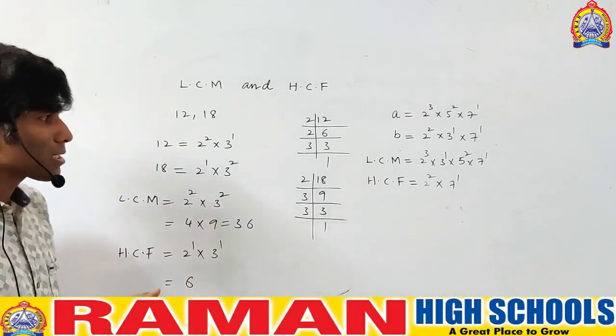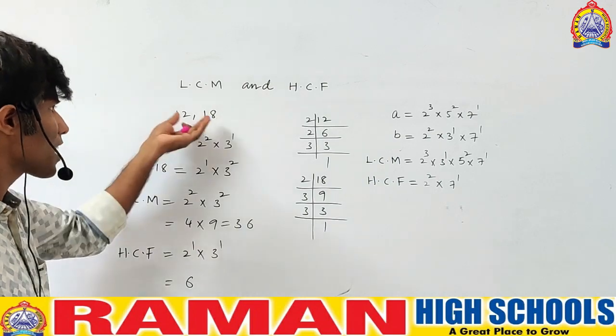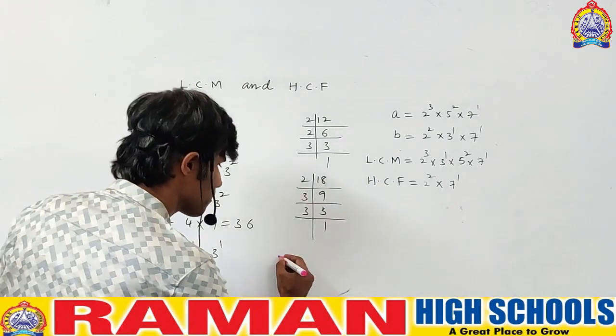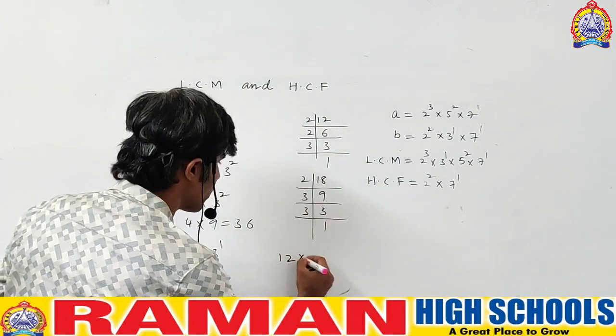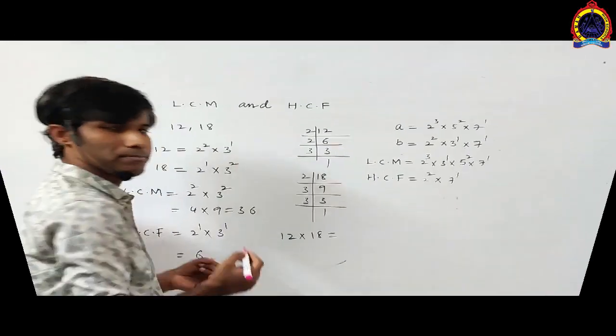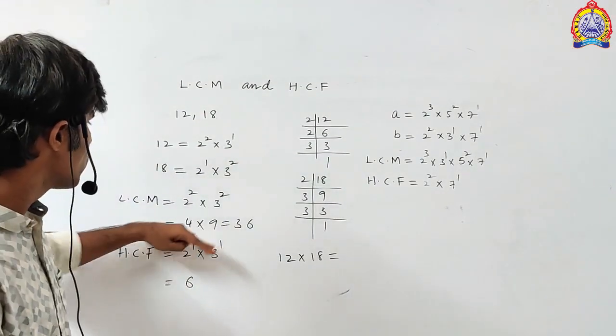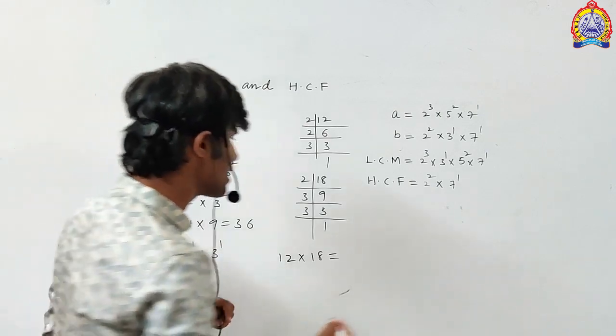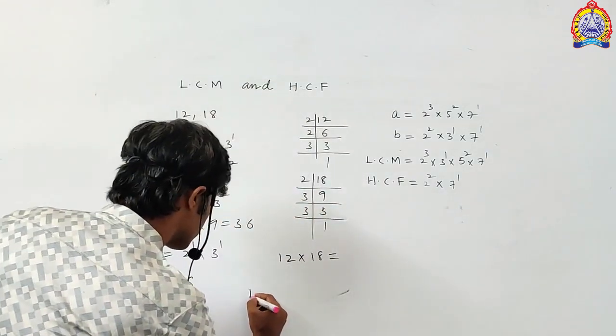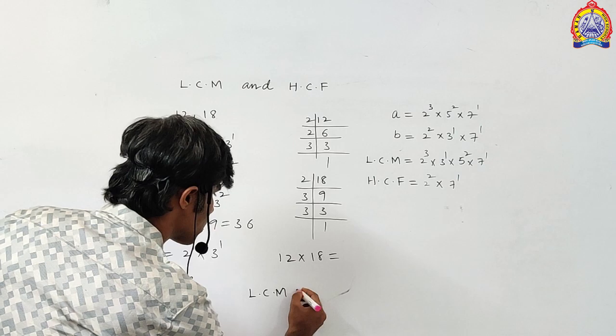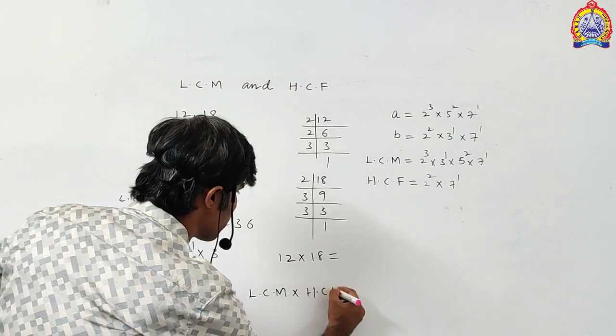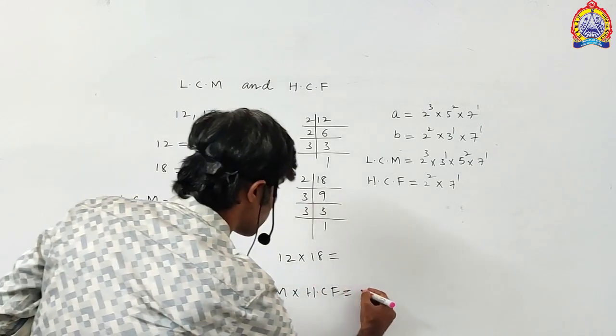So in this process, let us observe one thing. Let us find out the product of these two numbers, 12 into 18, and also find out the product of this LCM and HCF. LCM and HCF we are multiplying here. What is LCM?